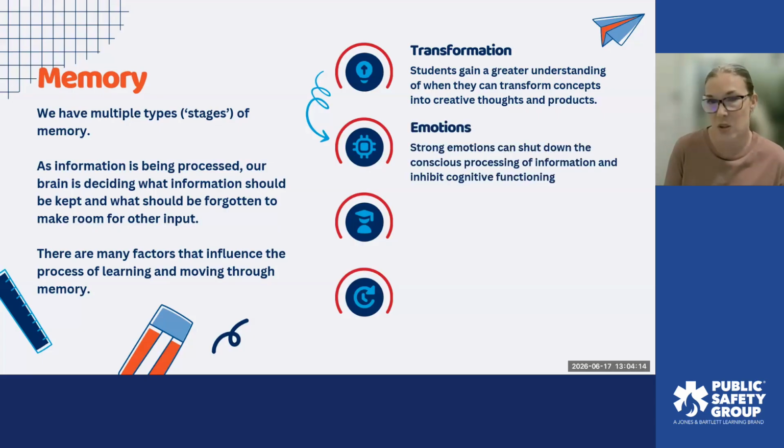Another thing that affects the way we learn and how we remember things is emotions. So strong emotions can actually shut down the conscious processing of information, and it inhibits cognitive functioning. We all know that our body kicks into fight or flight when something scares us or we have an immediate physical threat. But our brain doesn't know the difference between that physical threat of a bear chasing us and the psychological threat of extreme emotional distress.